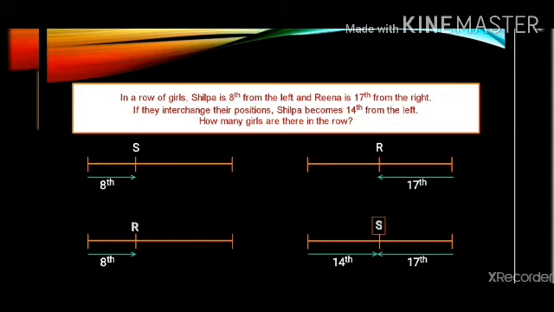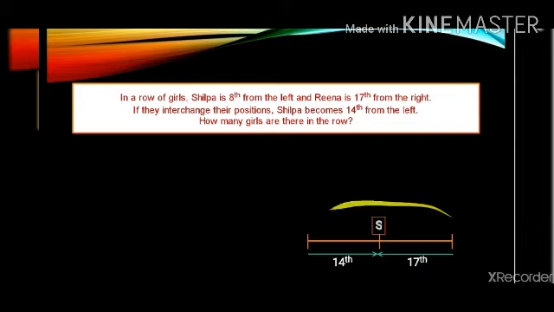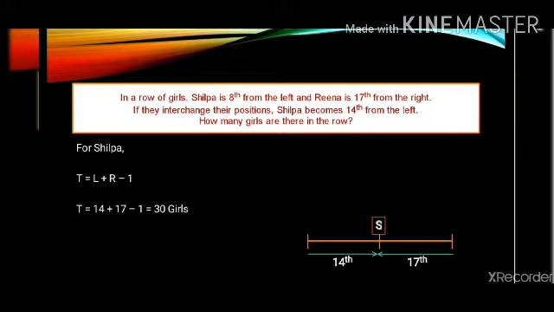Okay, now I know for Shilpa from this figure that I have the position from left and from right. I can use the formula T is equal to L plus R minus 1 and get the total number of girls in the row. Just put the numbers in the formula, you will get the total number of girls.